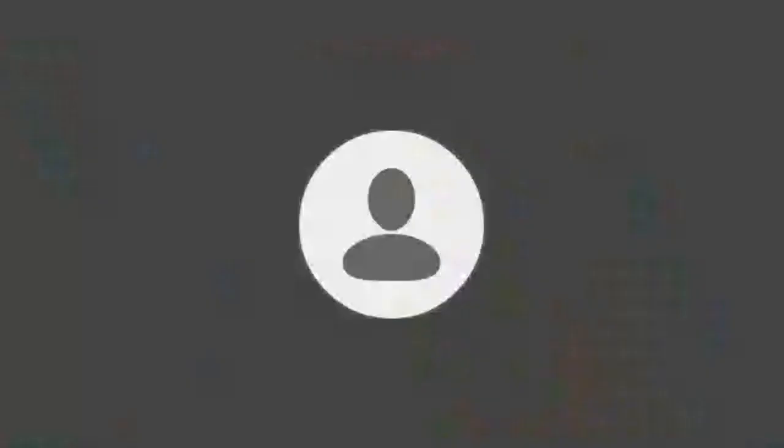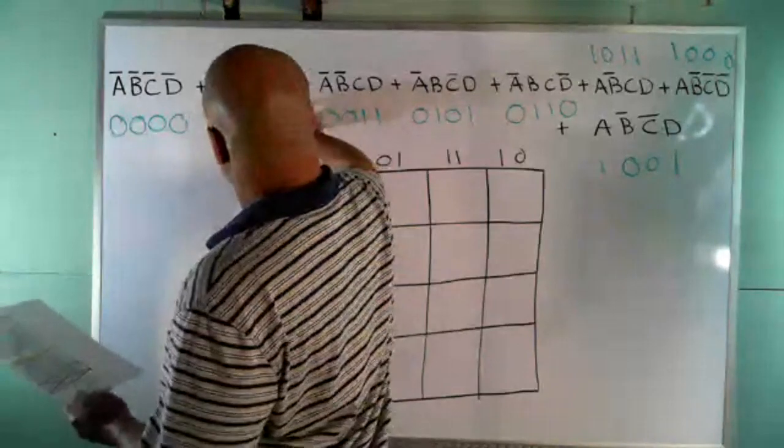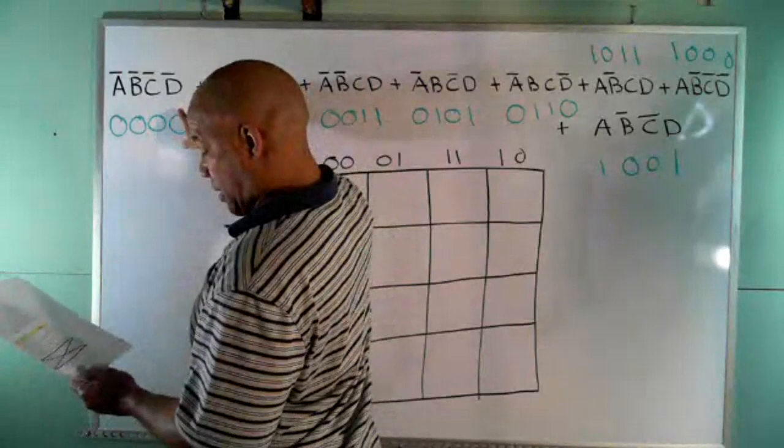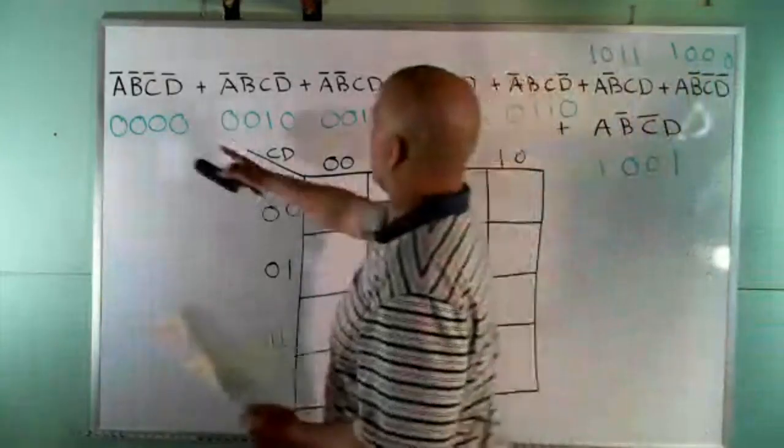I think it should be 0111. Okay, hold on 1 second. So this is okay, right? I have the first 5 are good to me. And then after that, they're kind of out of order.